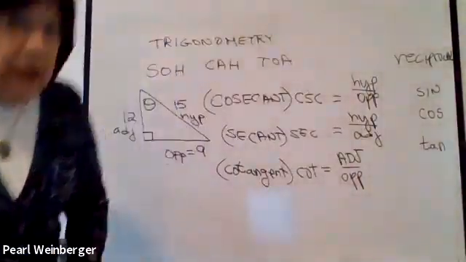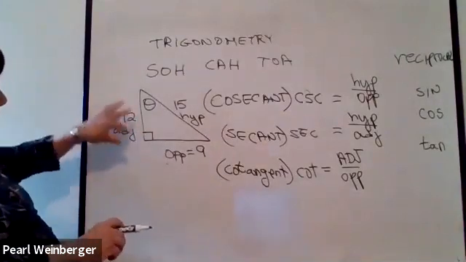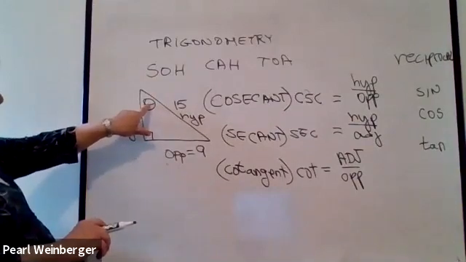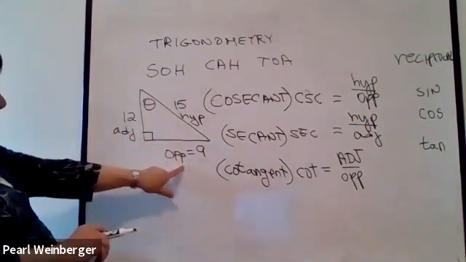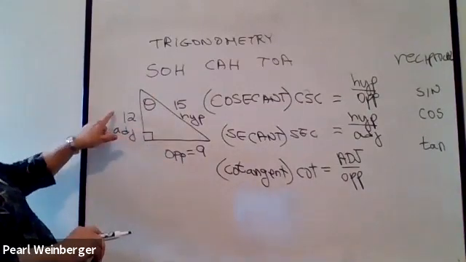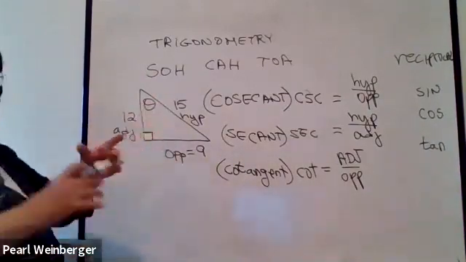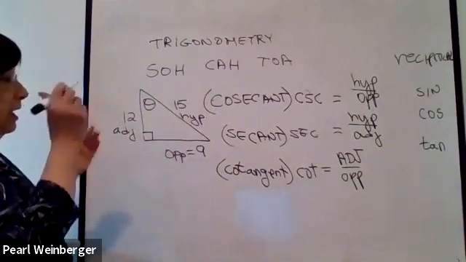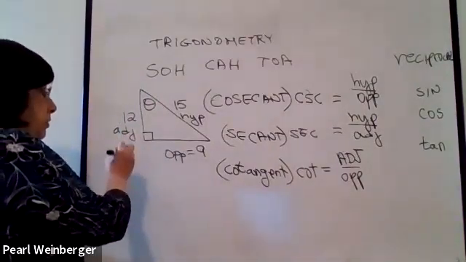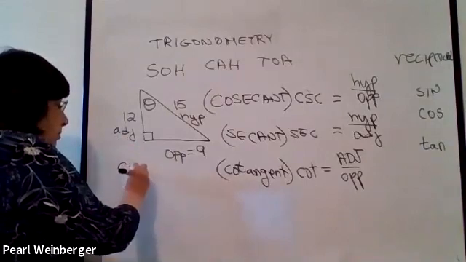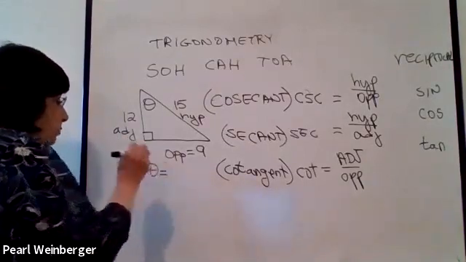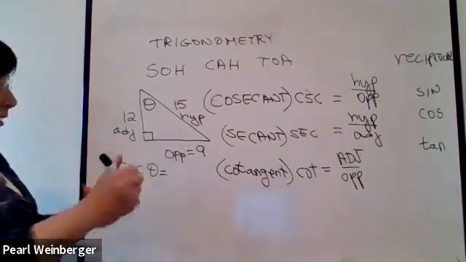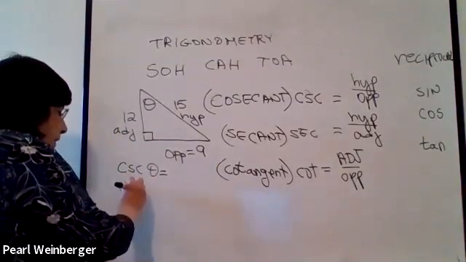So let's say in this particular problem that we had from before, this was my theta, my angle that I'm looking at, the opposite side was 9, the adjacent side was 12, and the hypotenuse was 15. This we have from previous information. Let's say I asked you to find the cosecant of theta. So here's what I do. I think cosecant pairs with sine. I figure out what the sine of theta is.